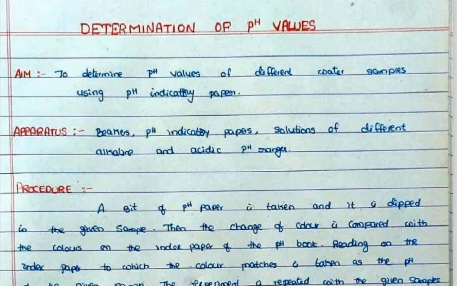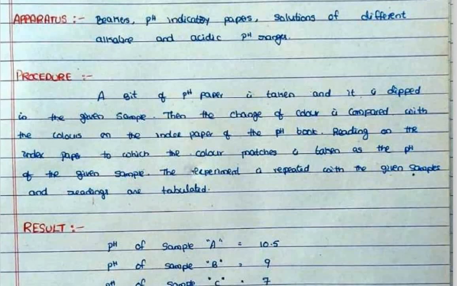Determination of pH values. The aim is to determine pH values of different water samples using pH indicating papers. Apparatus: beakers, pH indicator papers, solutions of different alkaline and acidic pH ranges. Procedure: a bit of pH paper is taken and dipped in the given sample. Then the change of color is compared with the colors on the index paper of the pH book.